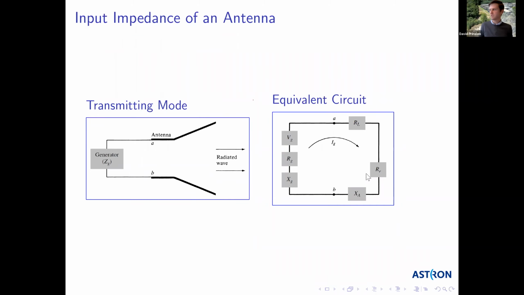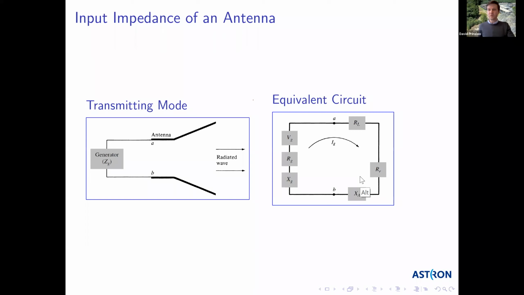It's got a real part and an imaginary part. As I just mentioned, for the dipole, this imaginary part is around 42 ohms for the half wavelength. But we actually want to reduce that so that we only have a real part.